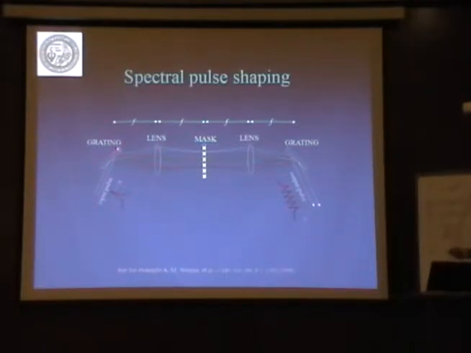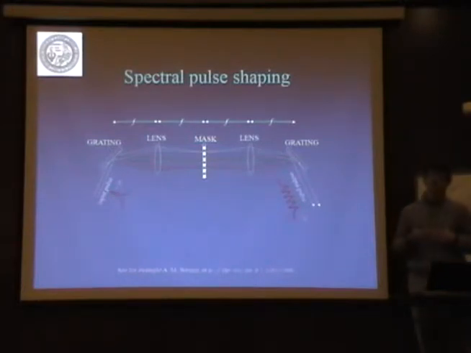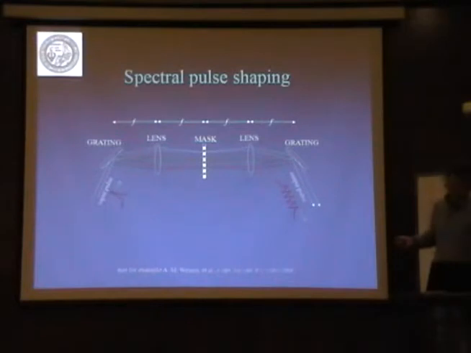And you can do that by using a pair of gratings and now a mask in this plane. So here the grating is going to spread. You know, a pulse is composed of different colors, because it's a composition of different colors that are coherently added, right? And each color now here in the grating goes a different way. You know, a grating spreads the colors, right?